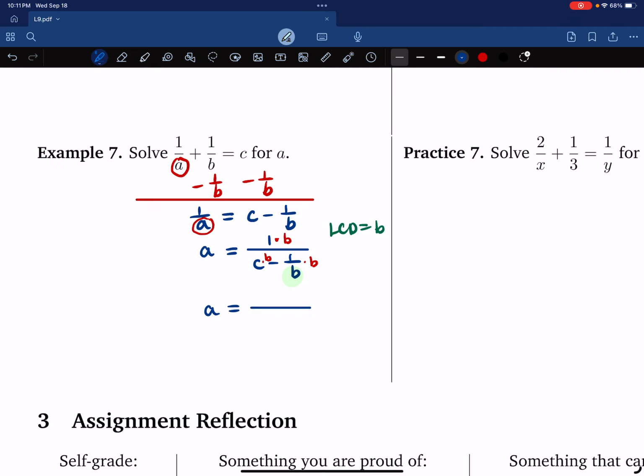So on the top, 1 times B is B. And then on the bottom, C times B is BC, or you could also say CB. And then subtract 1 over B times B. In this case, the B and the B cancel out because it's a common factor. So we simply have 1 left. And that's the answer.